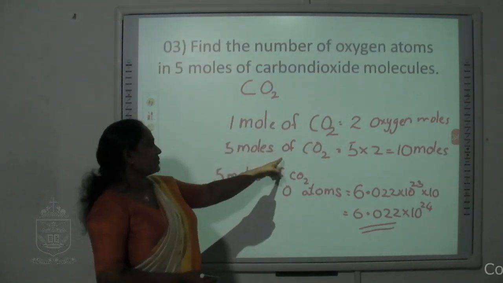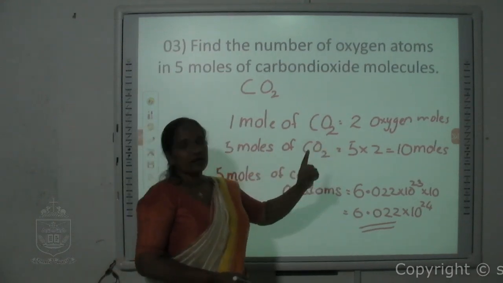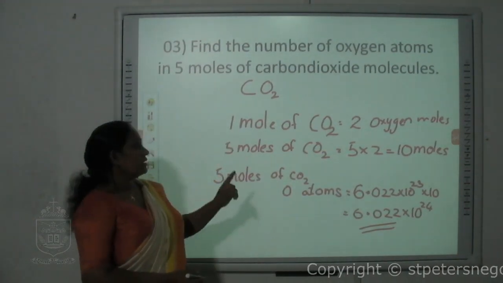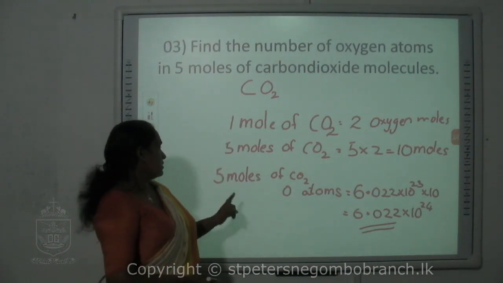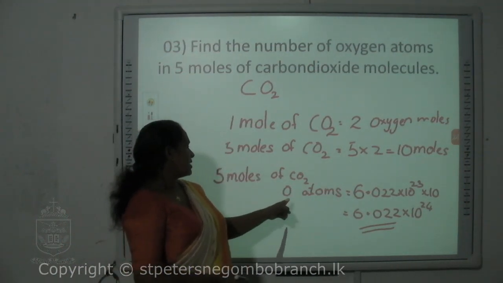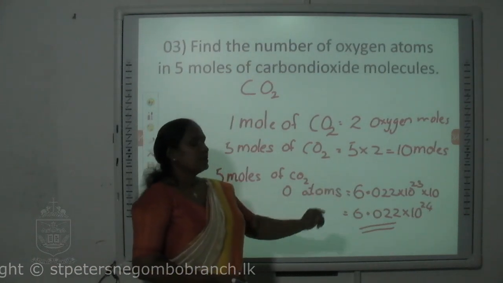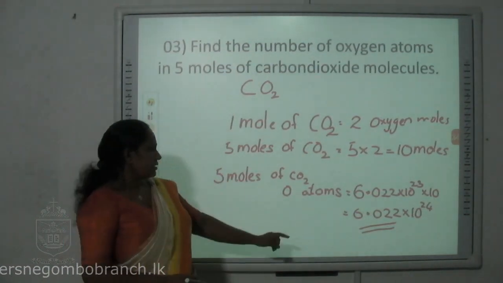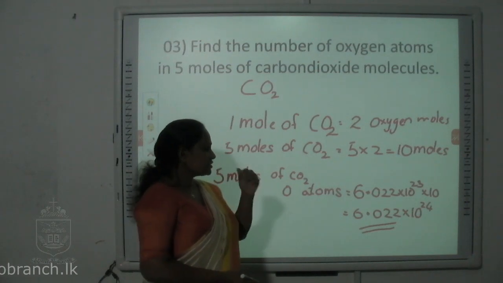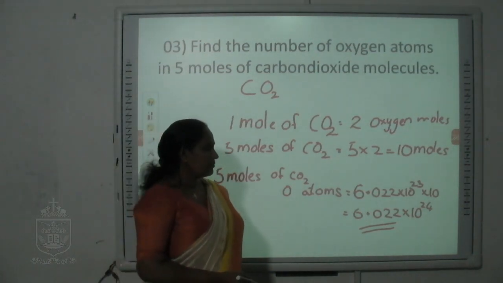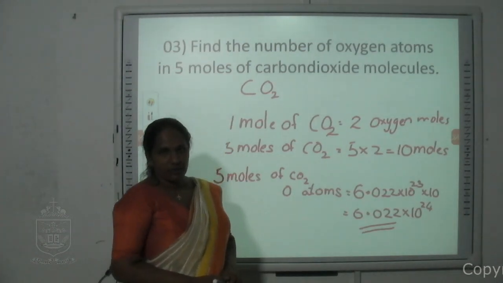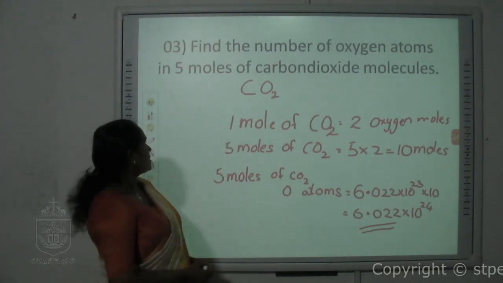Then in 5 moles of carbon dioxide, 10 oxygen moles are there. In that 10 moles, the number of atoms: Avogadro into 10. The answer will be 6.022 into 10 to the power 24. Right? And we'll go to the next question.